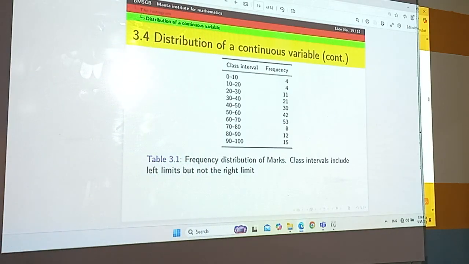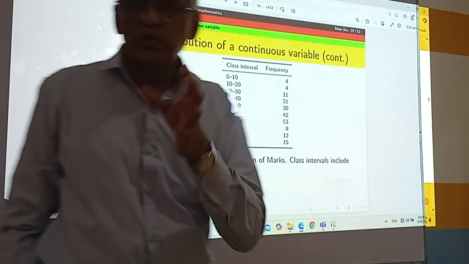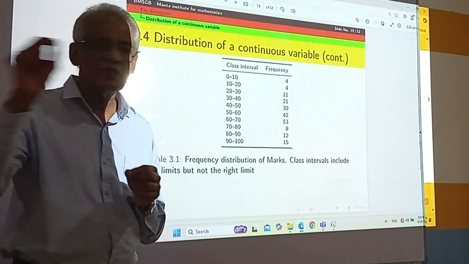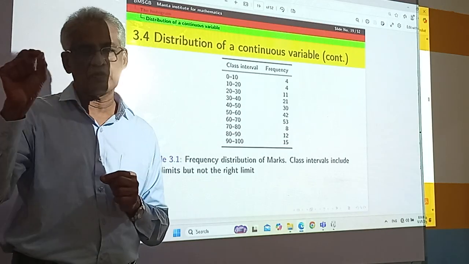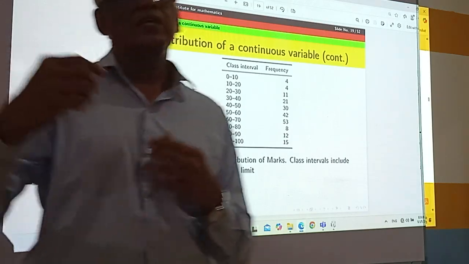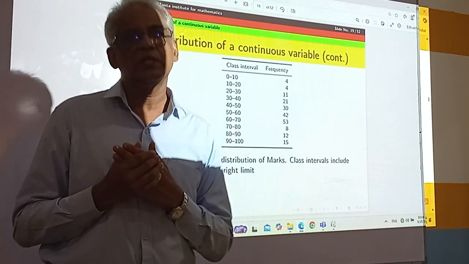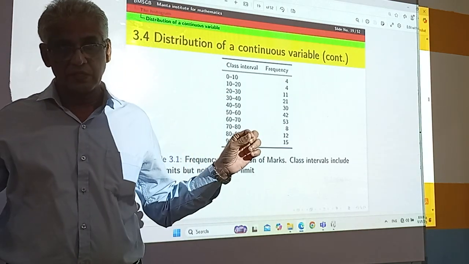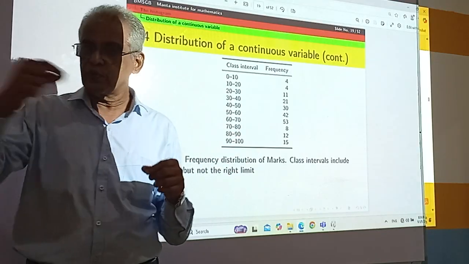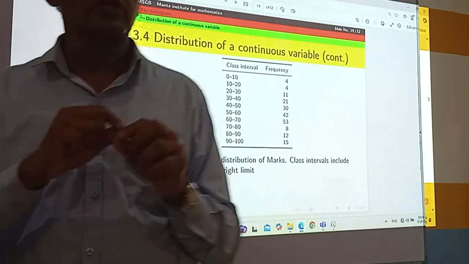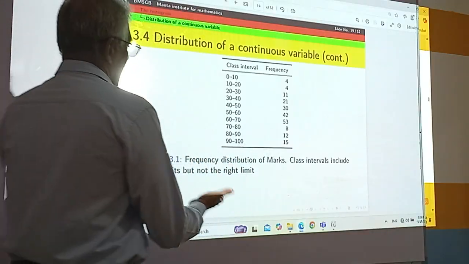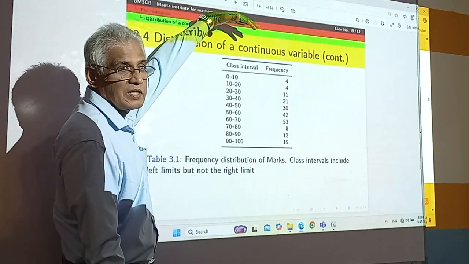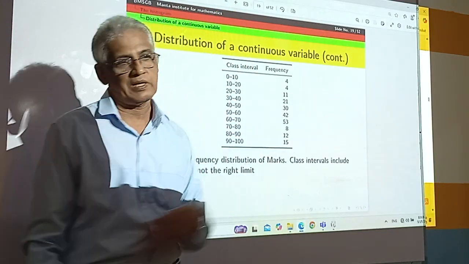In this case, when you have a continuous variable, you don't usually look at the frequency of individual values, because for a continuous variable there are a large number of possible values. If you look at the data set, there are a large number of unique values, so you would have a very large table giving each frequency separately.